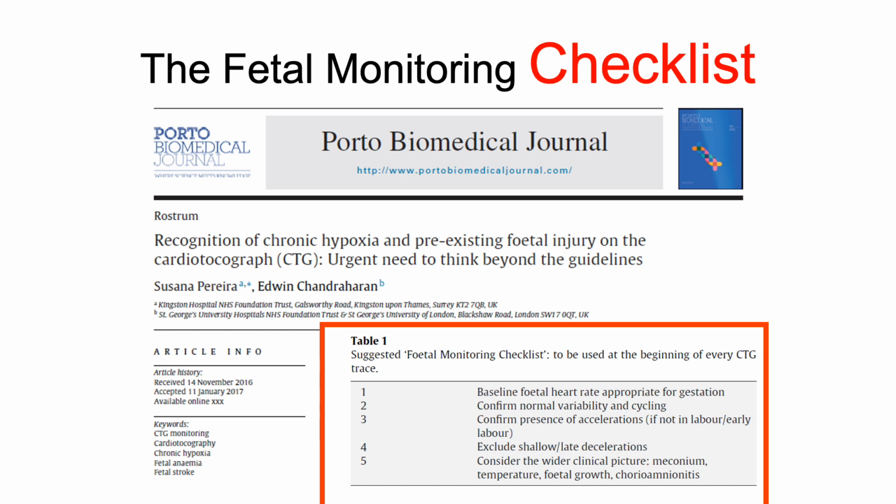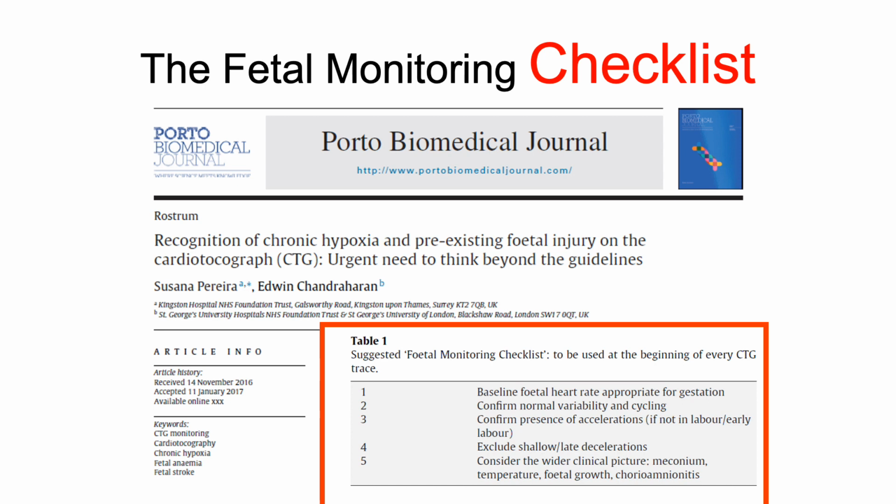So the first question is, is this fetus fit for labor? Firstly, is the baseline heart rate appropriate for gestational age? We cannot use an arbitrary cut off or range between 110 to 160 beats per minute, because that is for a population of human fetuses and not for the individual fetus in question.